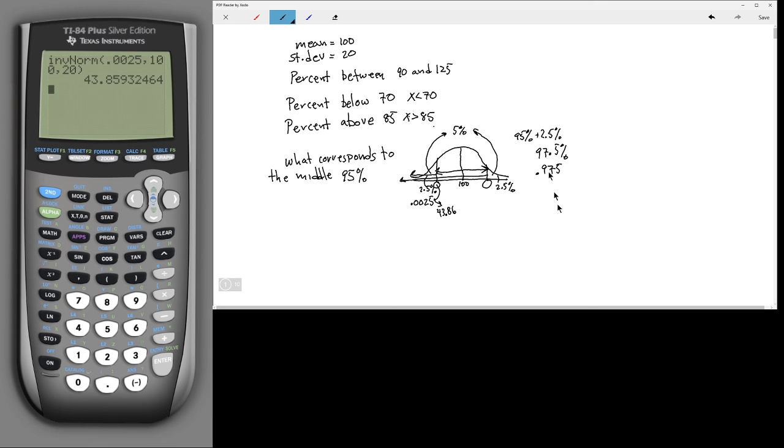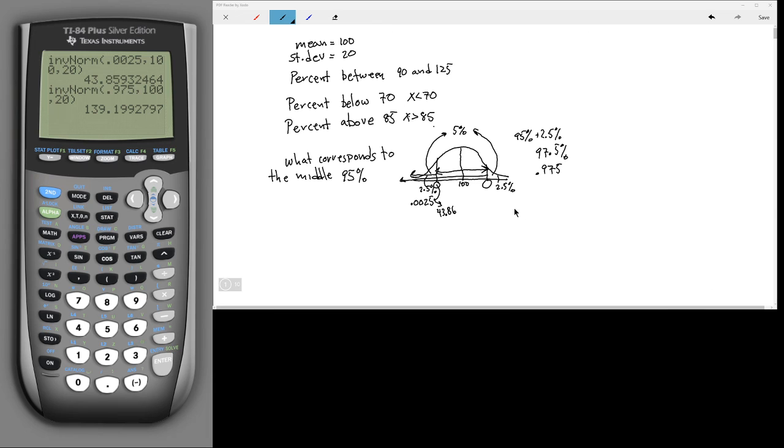All right, so I go back to my calculator and I put in inverse norm, and then the new area, which is 0.975, comma, the mean, which is 100, and the standard deviation, which is 20.